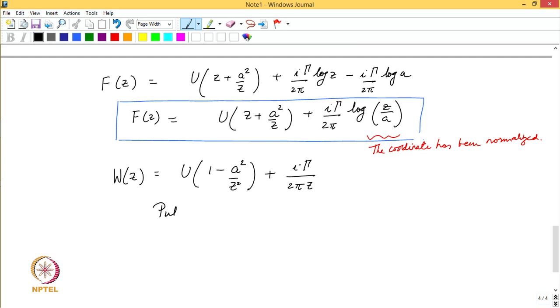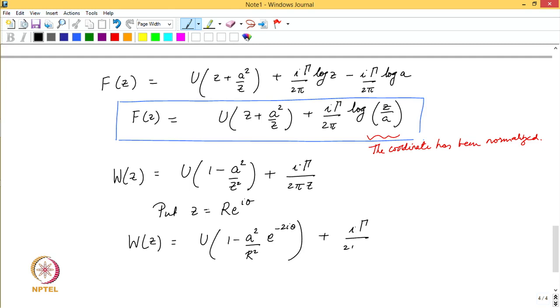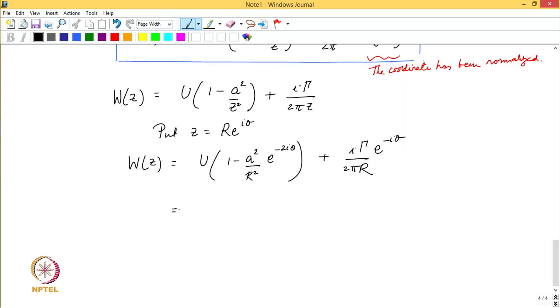So, we put z equal to r e to the power i theta. Okay. So, w of z would be u (1 minus a square by r square, we will have e to the power minus 2 i theta) plus i gamma by 2 pi r e to the power minus i theta.